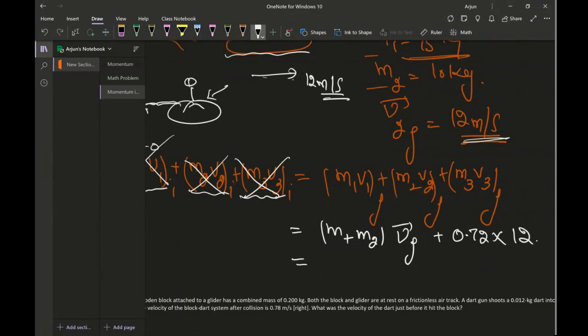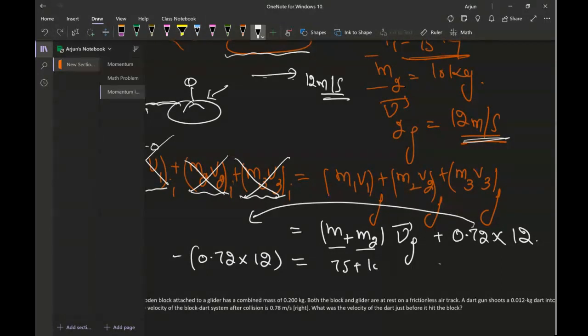And then I will try and simplify this equation. Once you simplify this by multiplying them together, this goes on the other side: 0.72 multiplied by 12, and this becomes negative, equal to 75 plus 10, multiplied by V final. I'm just running out of space for this question.